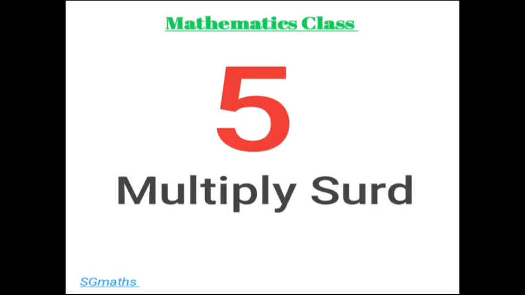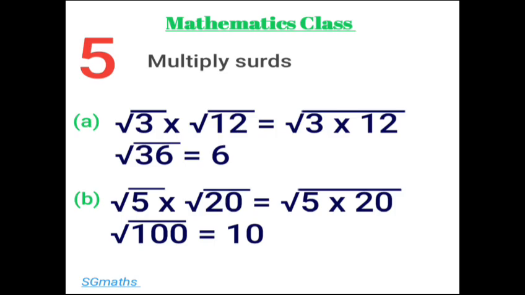Now the fifth step is multiply sods. Sometimes you have to multiply sods for you to get your answer. Look at this example. We have root 3 multiplied by root 12. For 12, 4 times 3 will give us 12, right?